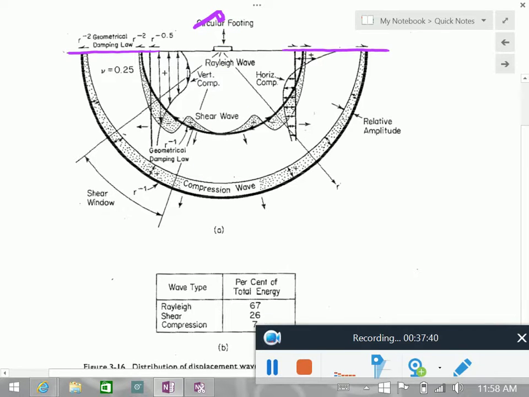So as you can see, the maximum is just here, and then as you go towards the surface, it becomes smaller. So what you see, this band, it shows you the relative amplitude. Shear wave is different. The maximum occurs not actually in the middle, but at some angle, about 40 degrees in that window that you can see. That's where the maximum shear wave is happening. And it's also spherical.